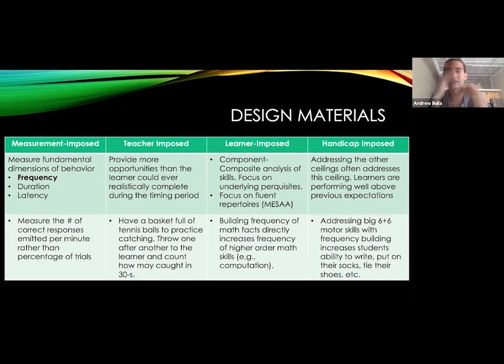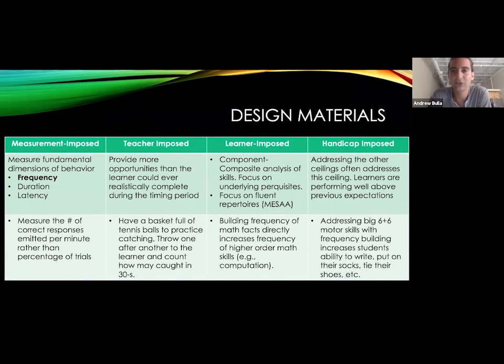To lift and ensure that we don't have a measurement-imposed ceiling, we're going to measure fundamental dimensions of behavior: frequency, duration, latency. Most often we measure frequency. However, we can look at other aspects of that frequency, such as the duration of that frequency of behavior and the latency of that frequency of behavior in relation to some other stimulus event. So for example, I measure the number of correct responses emitted per minute rather than the percentage of trials.